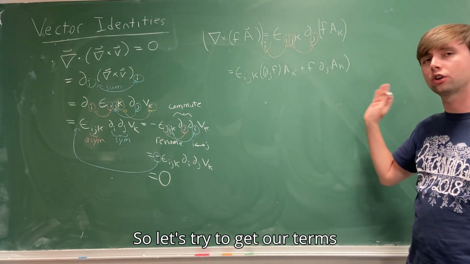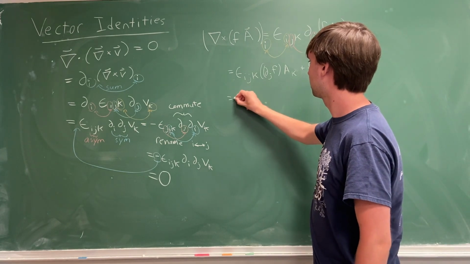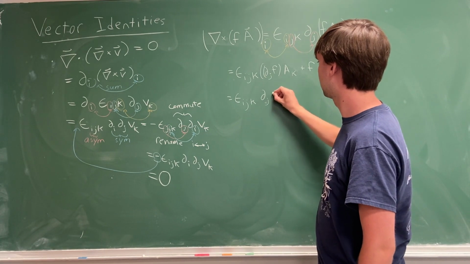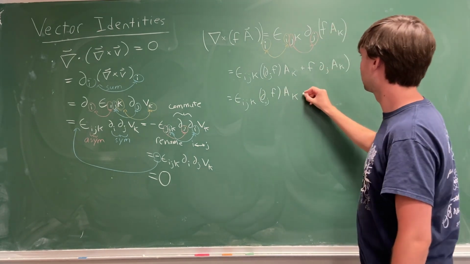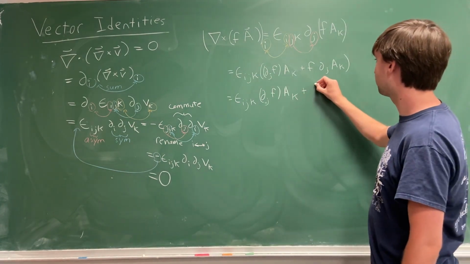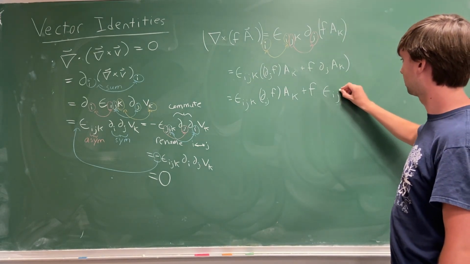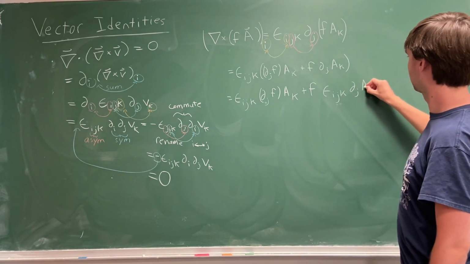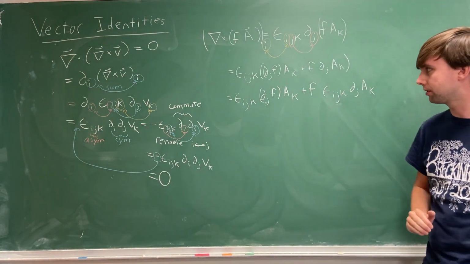So let's try to get our terms straightened out a little bit more. I'm going to commute f out to the front because there are no derivatives acting on f. Now let's look at the index structure of these terms.